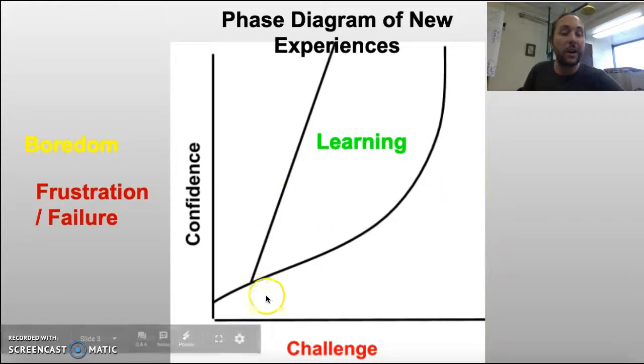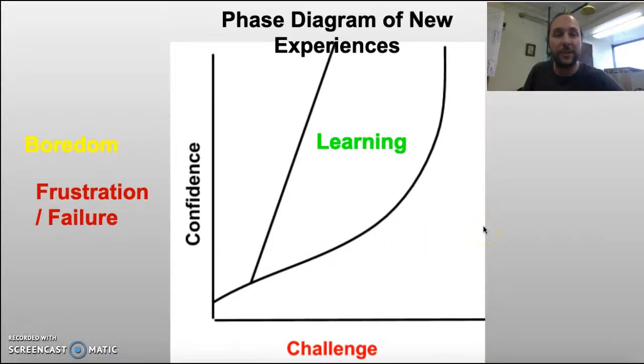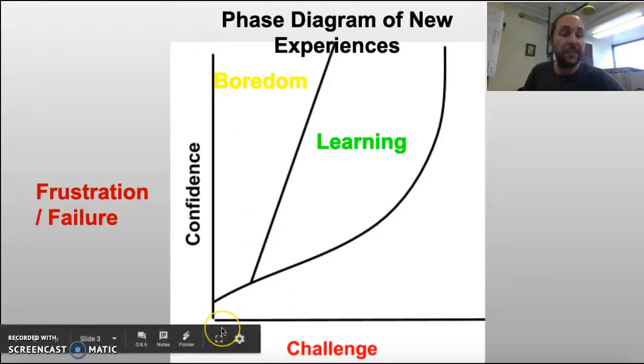Or our confidence is lower and we have low confidence in our ability and the challenge continues to increase. I know some of you have experienced this in this class. What happens then? So where would you put boredom? Where do you think boredom is? Put boredom right there. A lot of confidence, very little challenge.